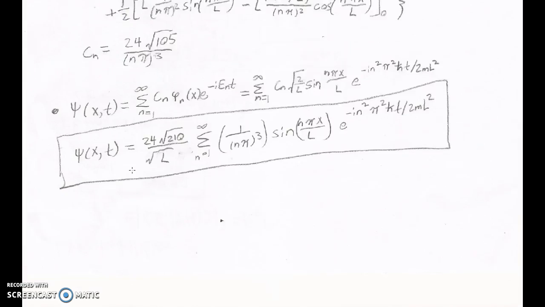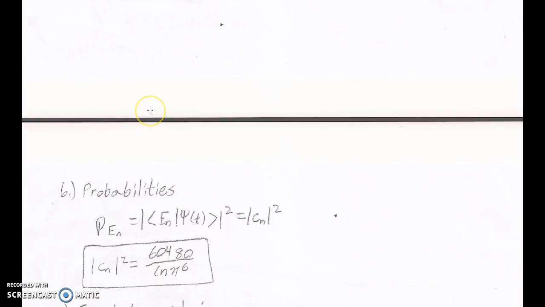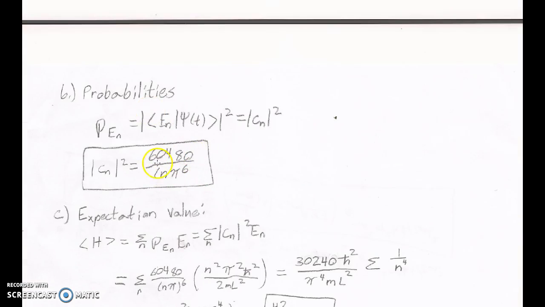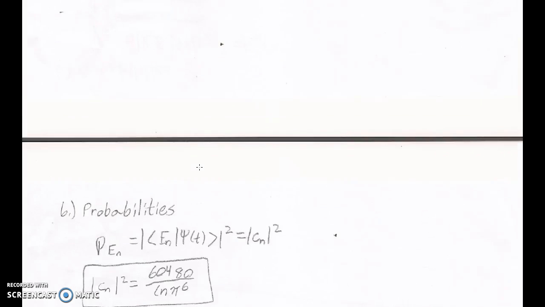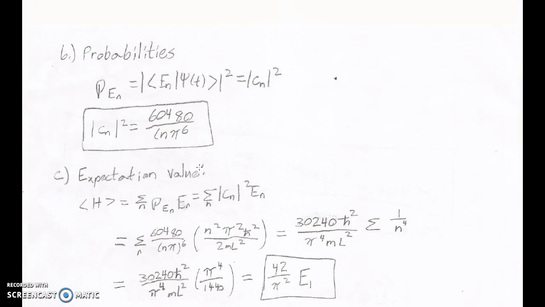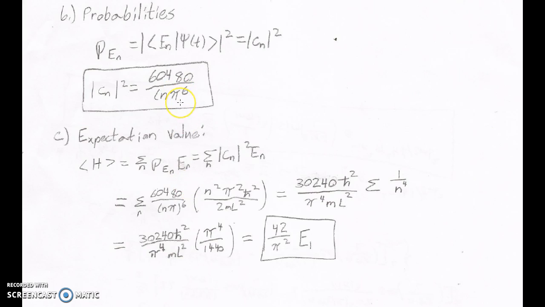So our c_n is this value, and we're just going to square it, and that's our probability: 60,480 over n pi to the 6th. There's supposed to be another bracket here, so it's the product n pi and then this product to the 6th power.